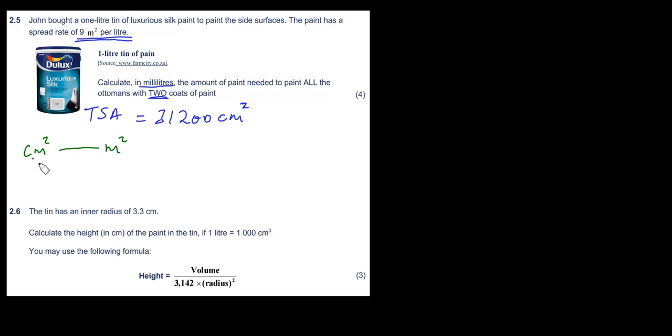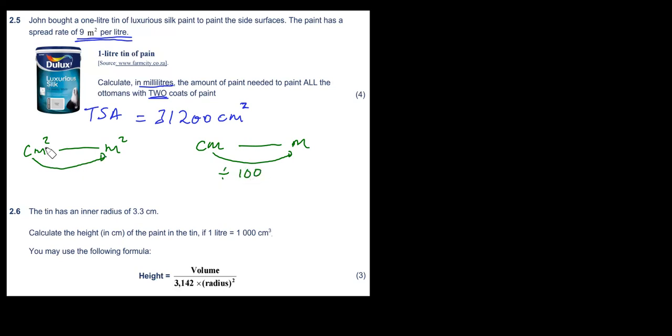So how do we get that? From centimeters to meters, what do we do here? We actually multiply by 100. No, we don't multiply by 100. We divide by 100.